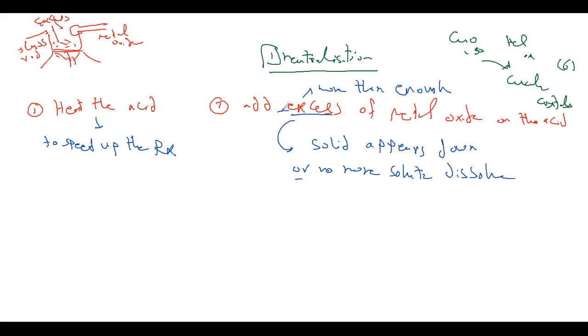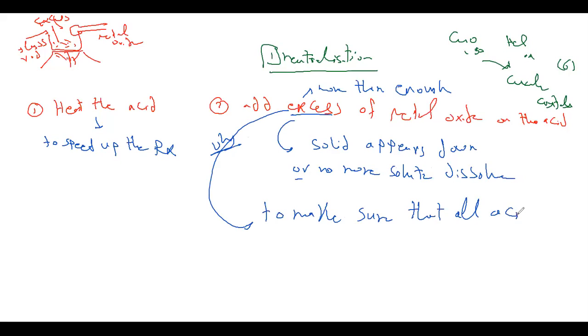Then, why are you using excess? To make sure that all the acid reacted. If we take more than the amount of acid, not being accurate, it is not a problem.